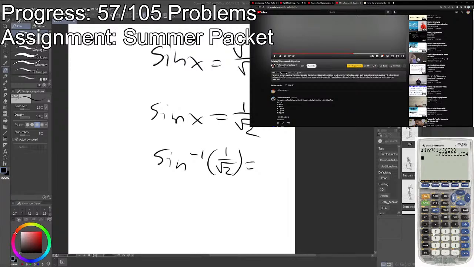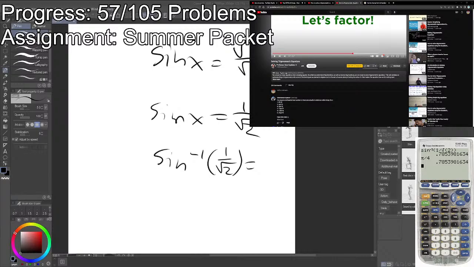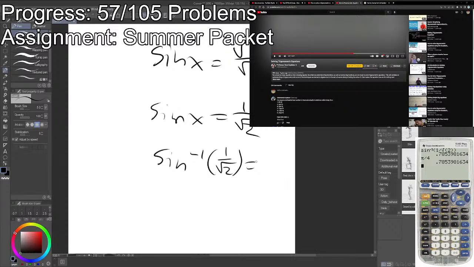I think this is pi over 4. Again. Yeah. That's if you're allowed the square root to cancel out the sine squared. So hopefully you are. Because this is what I'm going with.